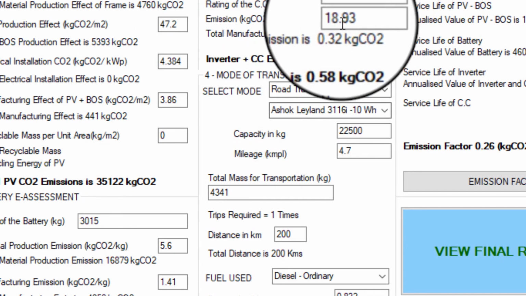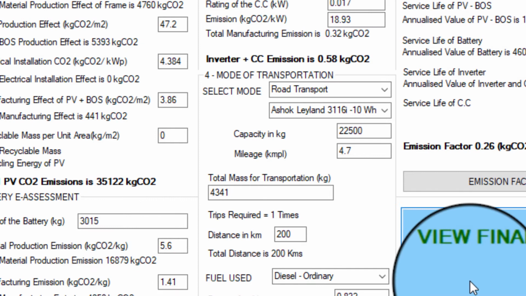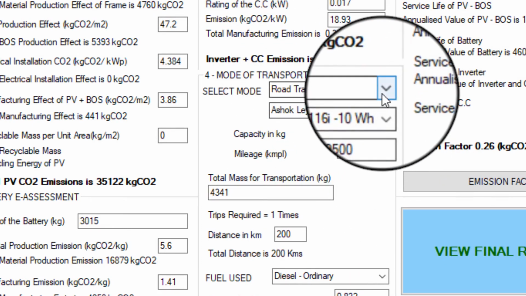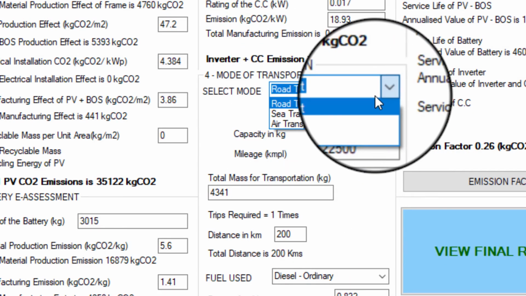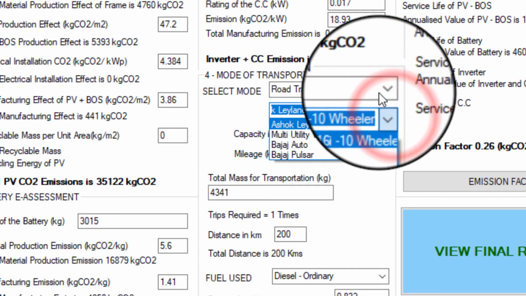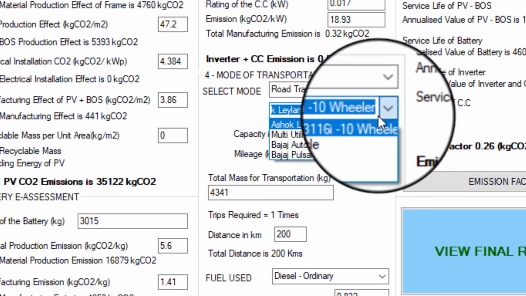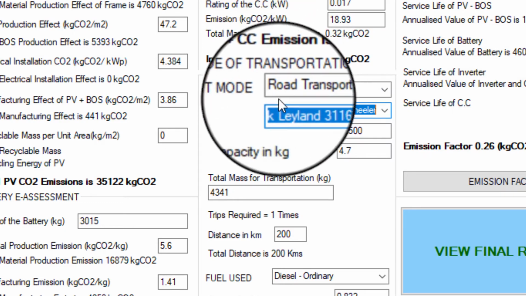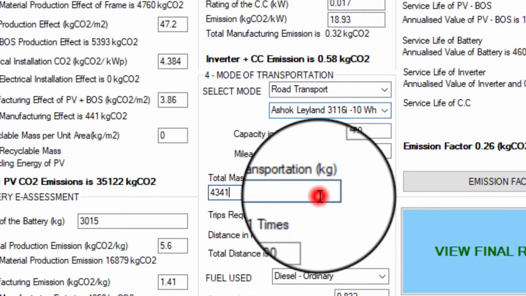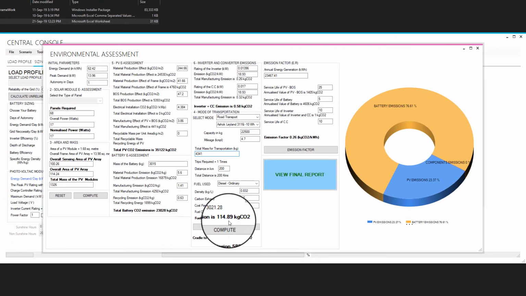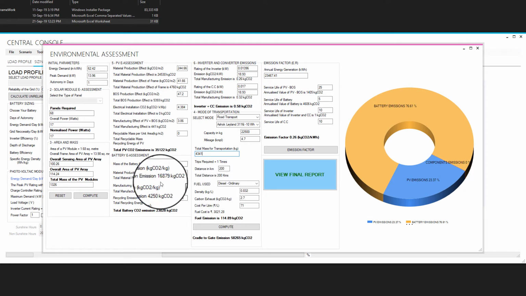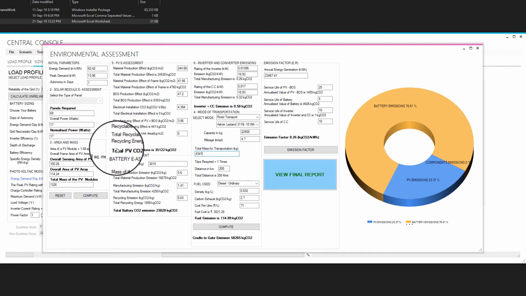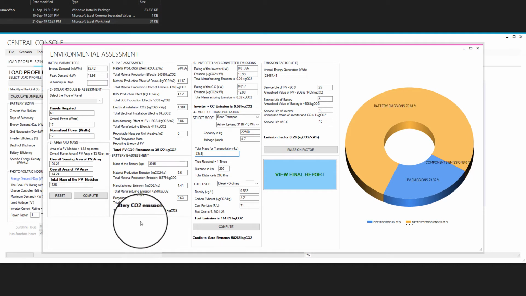That is very low compared to these two. For the transportation, we can choose between road, sea and air, and in each we have different options, such as the number of wheelers, like a truck or an auto rickshaw. Using that we get a fuel emission of 114.89 kilogram CO2, which is also comparably low compared to the PV emissions and battery emissions.